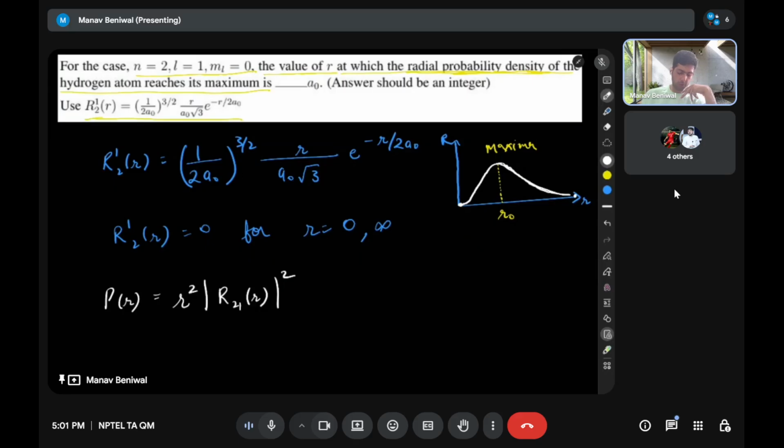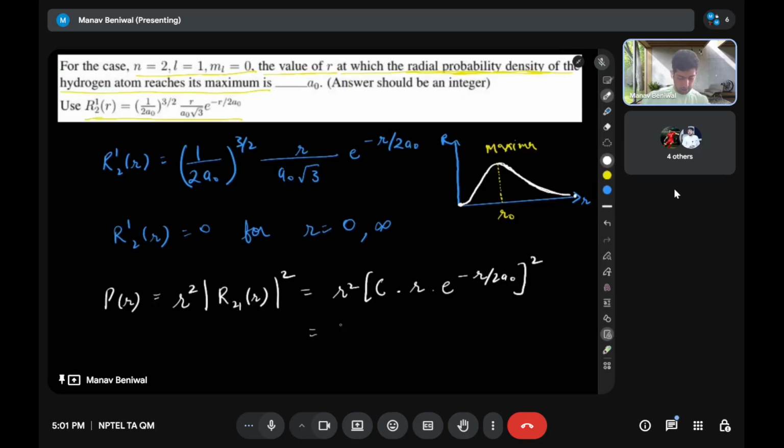So you get an additional r squared term. Basically we have r squared and then this constant, let me call this some constant C, and then we have R1,2 which has r and e to the minus r by 2 a naught, and then the square of this thing.